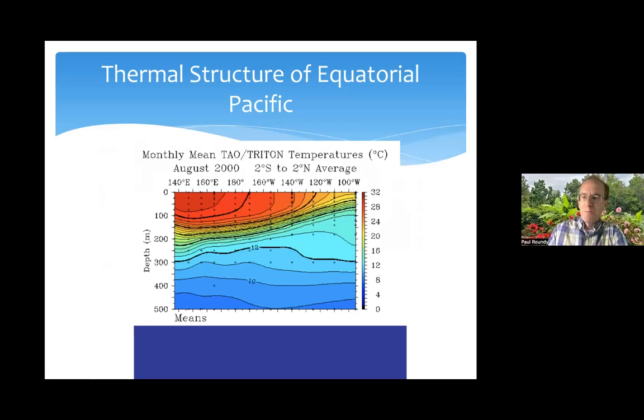And here's one particular temperature cross-section averaged from those buoy data from 2 south to 2 north. This is August of the year 2000. It's kind of a neutral looking event. What you see is warm water floating on the top of the ocean, so the cold water is down below. Longitude goes this way. It's across most of the Pacific Ocean. You see it's warmer in the west, cooler in the east.